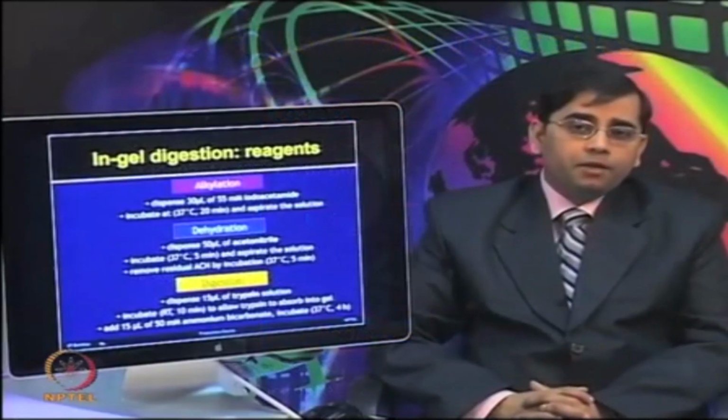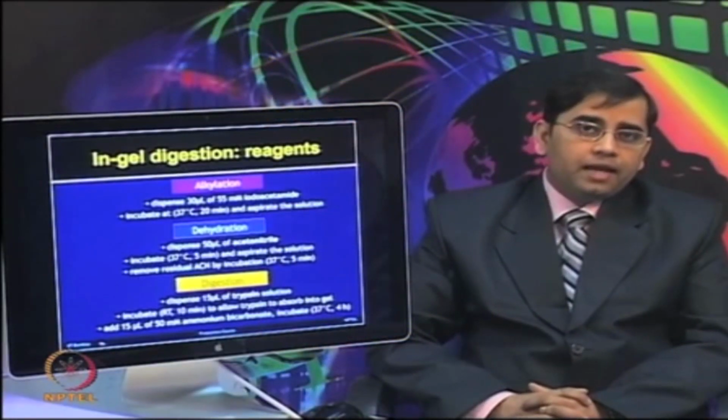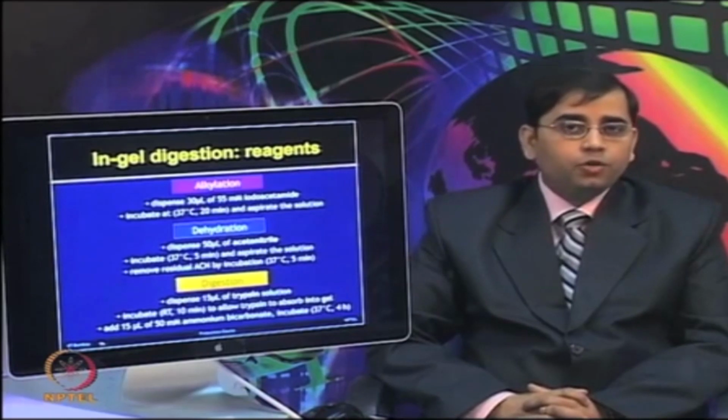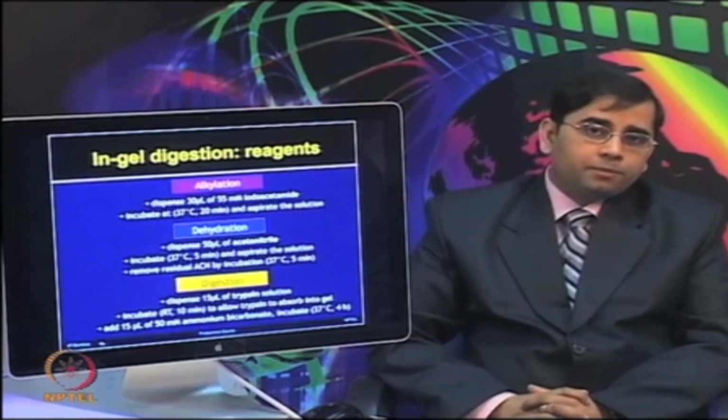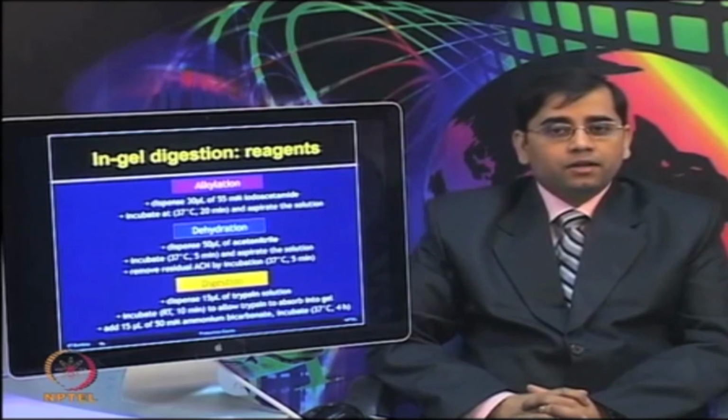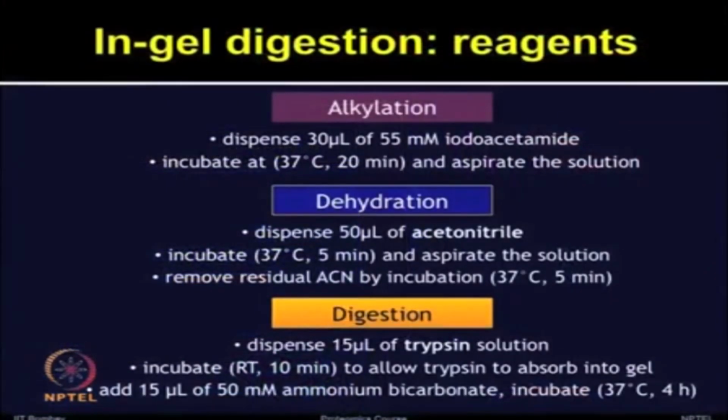Continuing on the same theme of in-gel digestion and the various steps required to perform such an experiment, let us now look at the next step, which is alkylation. In the alkylation you need to add iodoacetamide.